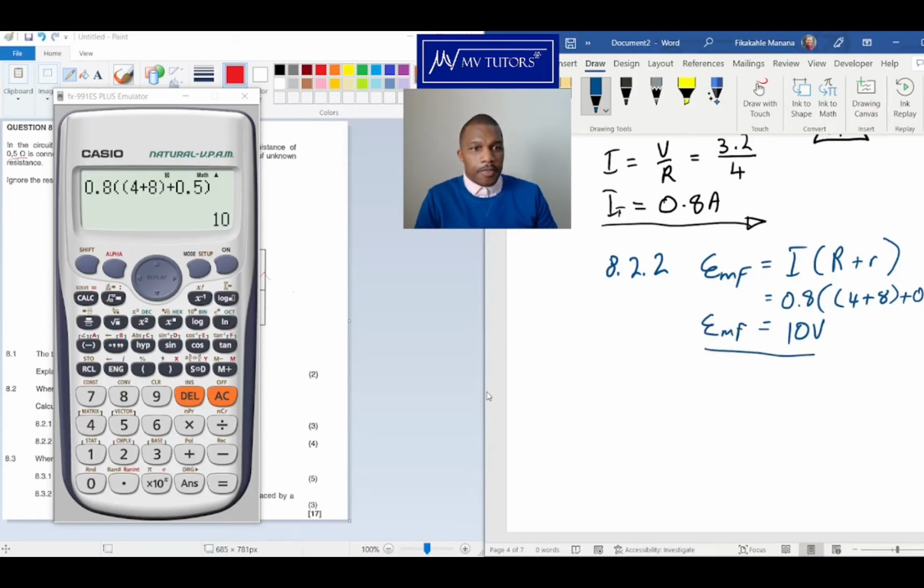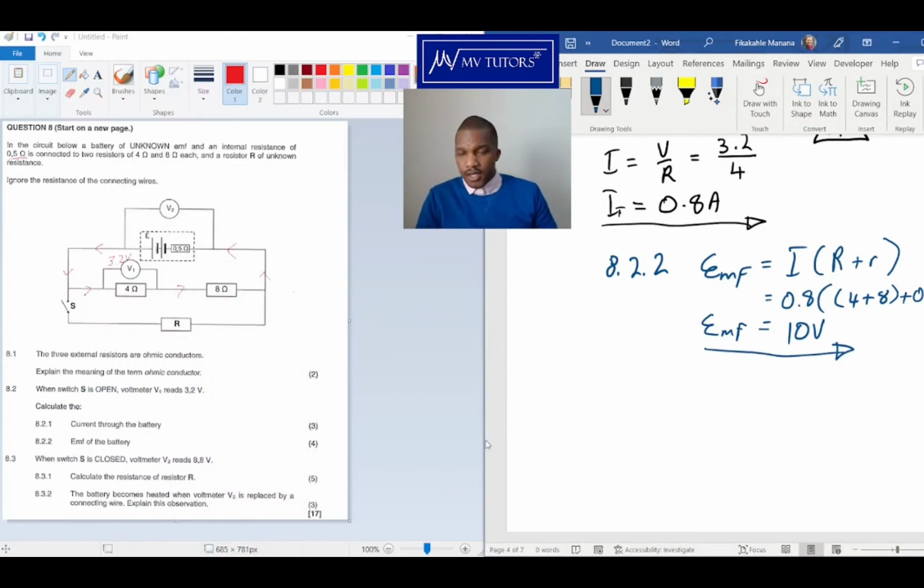Okay, 10 volts right there. Okay, let's move on. When switch S is closed, so switch S is closed now, so the current can flow. It's closed over there, so that means the current flows over there as well.